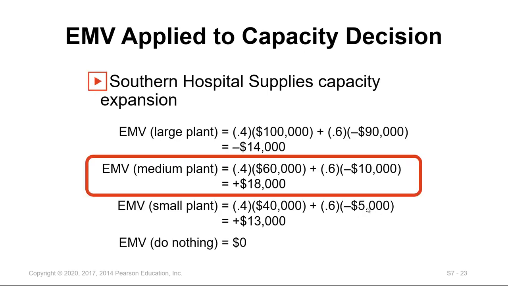This slide shows an example of selecting the expansion option based on the calculated expected monetary values. Southern Hospital Supplies is a company that produces hospital supplies and is looking to expand its capacity, but has three options to select from: adding another small plant, adding a medium plant, or adding a large plant.